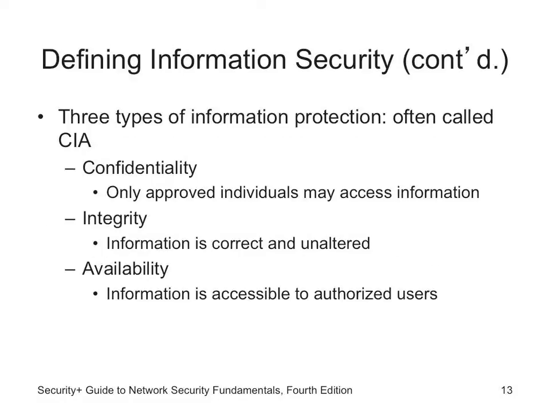So how do we do that? Well, we define information security in a triangle. We call this the CIA triangle: confidentiality, integrity, and availability.